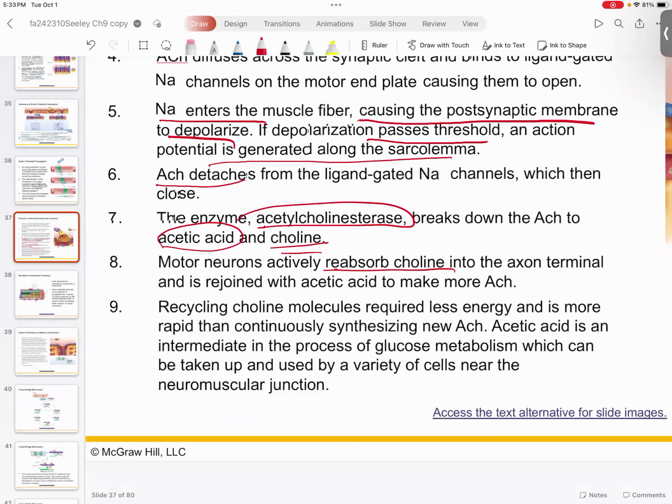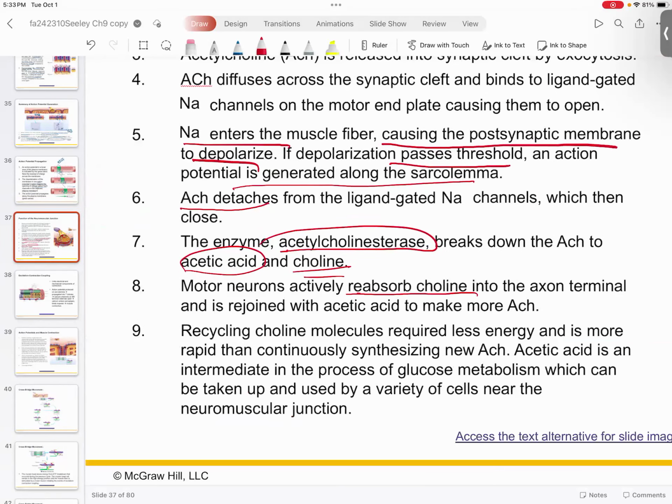So what happens to the acetic acid then? If you recycle the choline molecules so that you can continue to make acetylcholine and keep releasing it, the acetic acid is then plugged into glucose metabolism. You probably remember this from general bio. There are different metabolic outcomes in cellular respiration, one of which is what's called acetyl-CoA, which is the beginning molecule that feeds into the Krebs cycle.